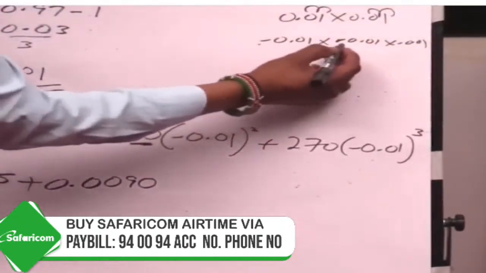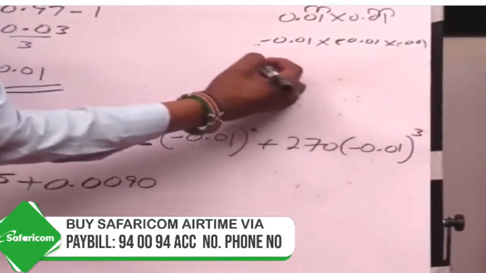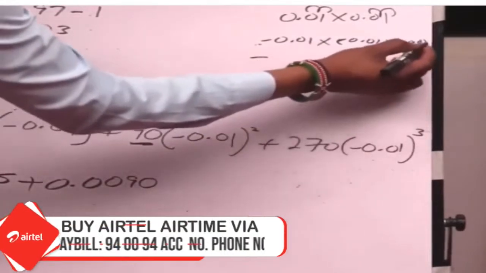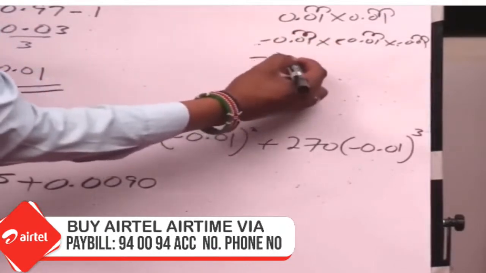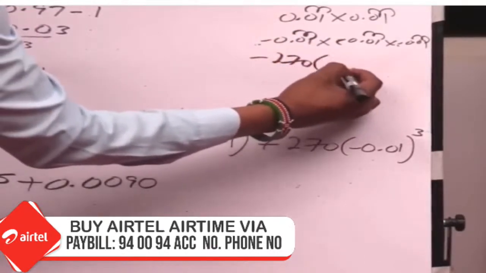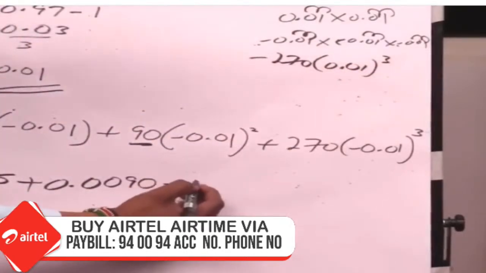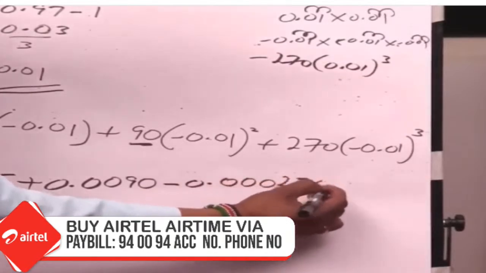Minus times minus is plus. Plus times minus is minus. It becomes 6 decimal places. So it becomes 270 times 0.01 cubed, which becomes minus 0.000270.